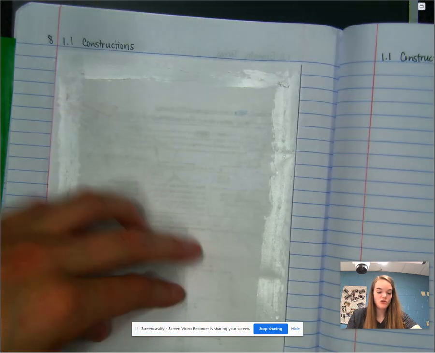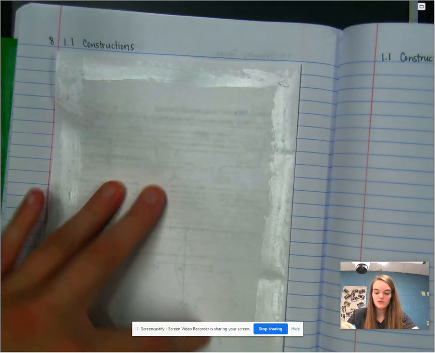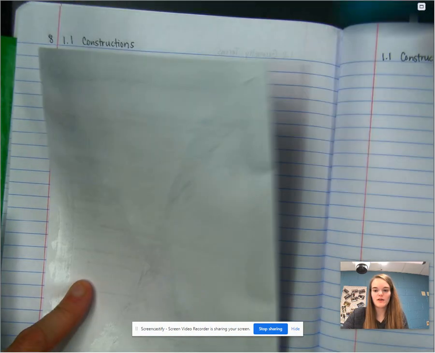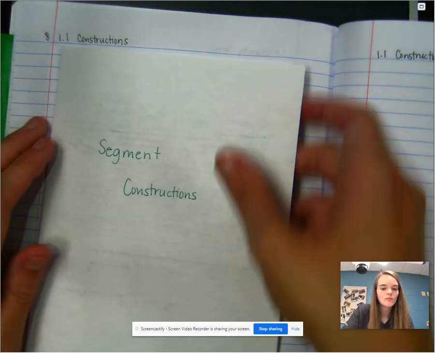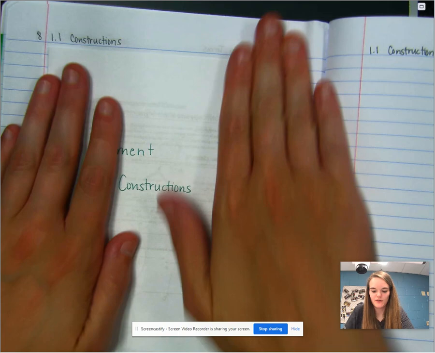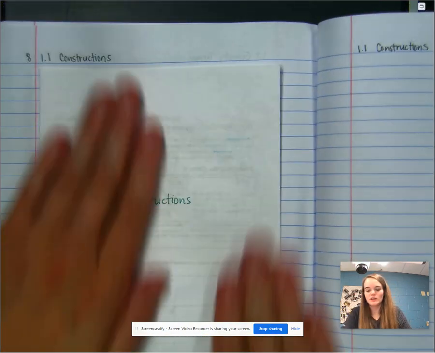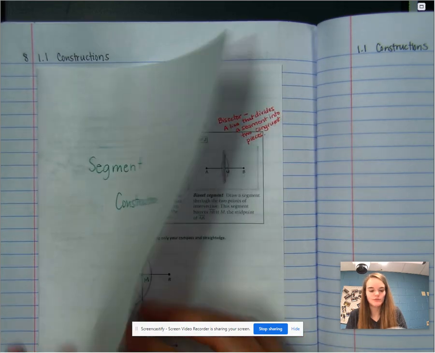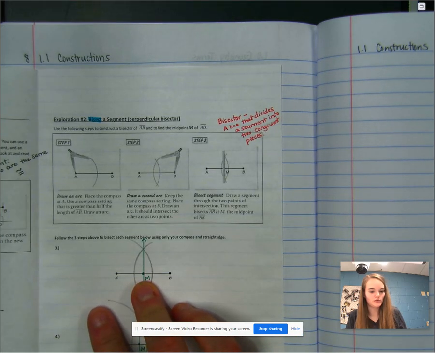So your digital assignment will be to answer some questions about the steps. Unless, between the time I post this and the time I find some homework, I'm able to find how to digitally create constructions. And if I do, then your homework will be digital constructions, but we'll see.